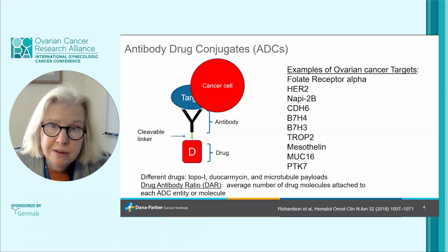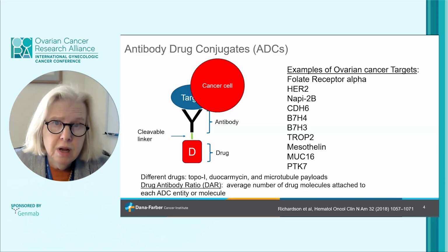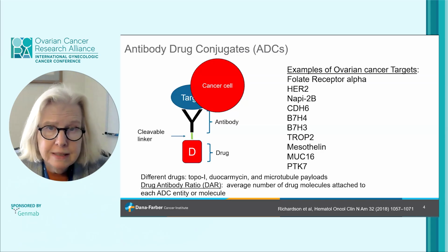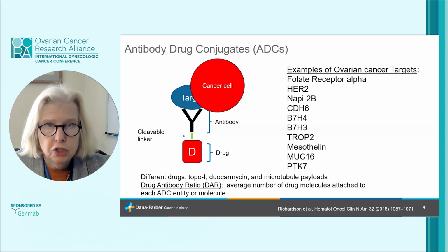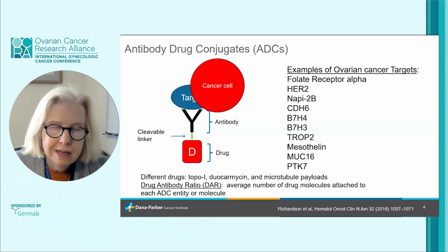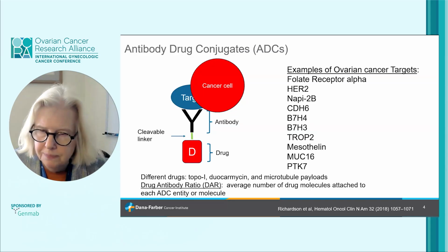Then, as the cancer cell is being killed and broken apart, that drug has access to other cancer cells in the environment. And maybe even cancer cells that don't have the target have that drug right next to them, and it can hopefully kill those cancer cells as well.